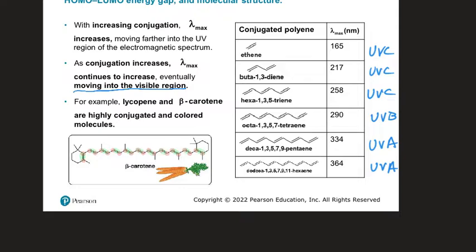So either way, we have here 1, 2, 3, 4, 5, 6, 7, 8, 9, 10, 11, 12 double bonds conjugated together. The beta-carotene had 22, so really maybe anywhere in between there and further, you're getting colored molecules.